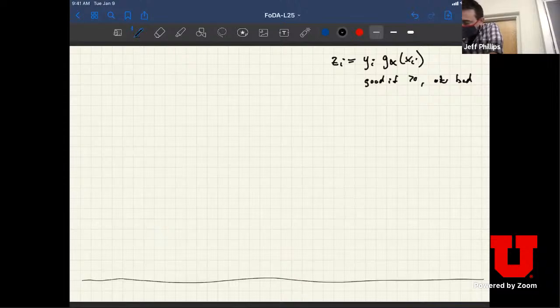Let's think of the ZI value here, and this is going to be 0.